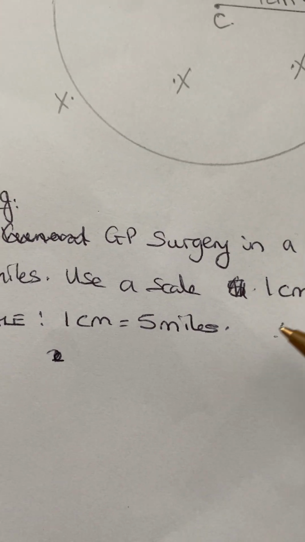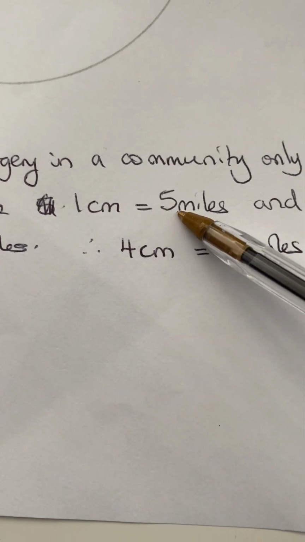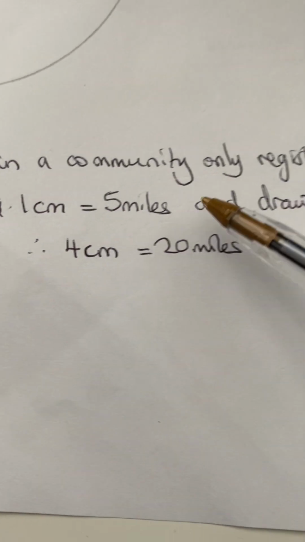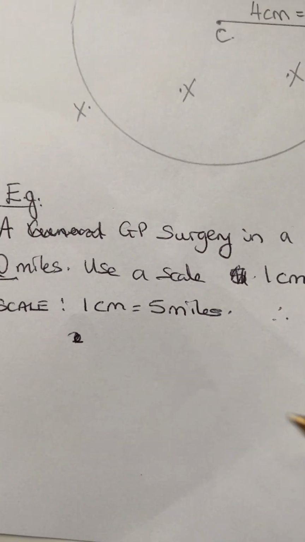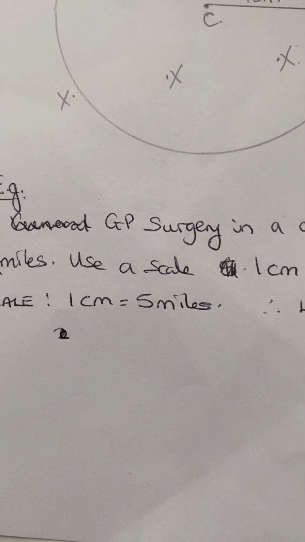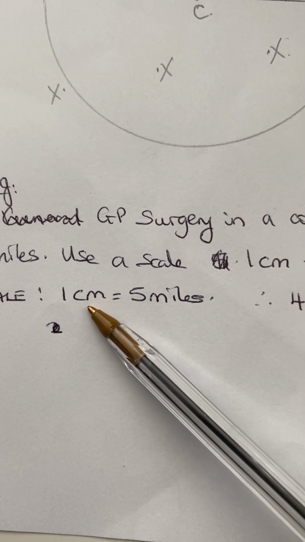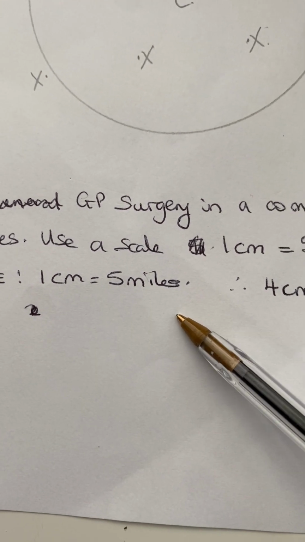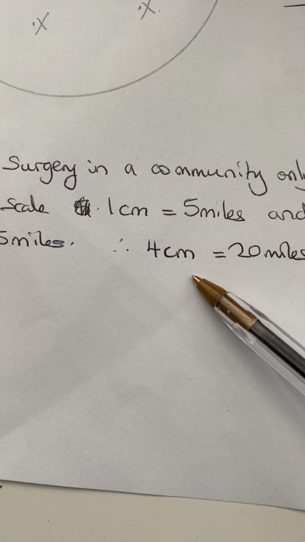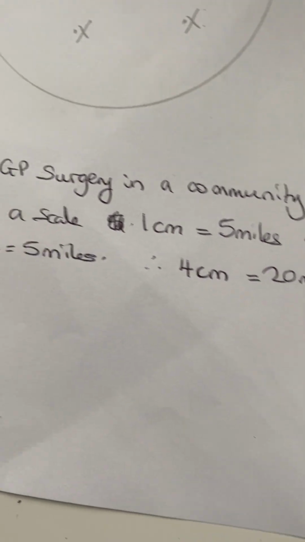Now they say use a scale 1 centimeter to 5 miles and draw its boundaries. So you are going to draw the loci. They've given you a scale of 1 centimeter to 5 miles, so 4 centimeters will be 20 miles.